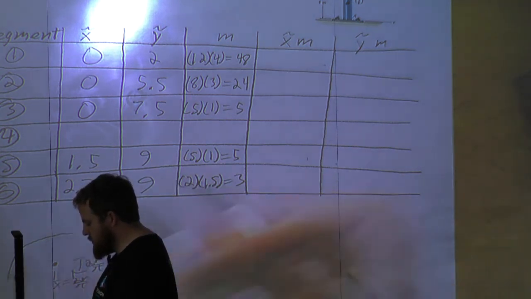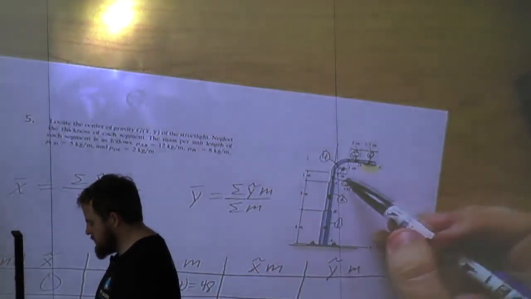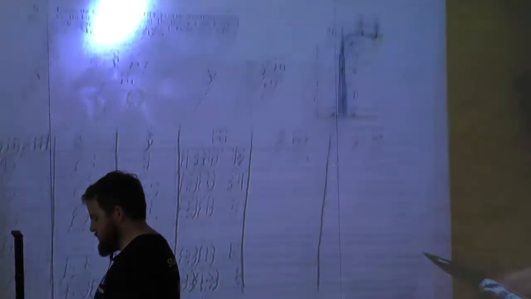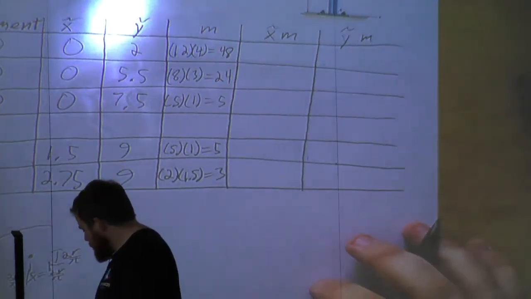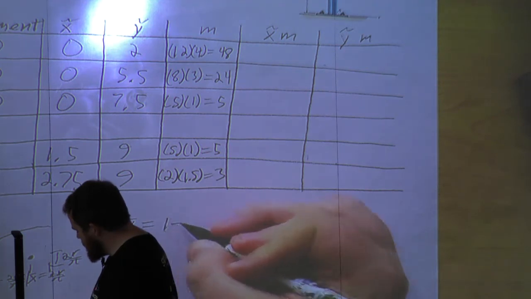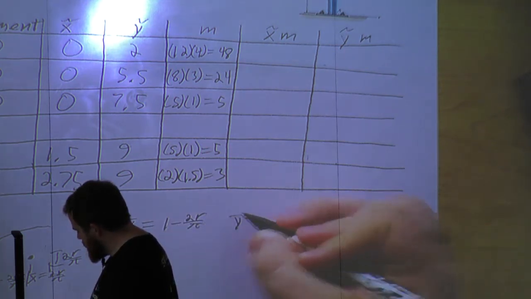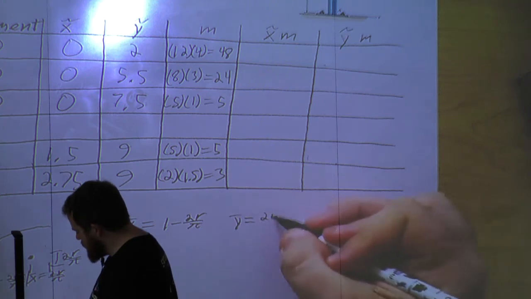So, since we're coming from this way, we need to find this distance to find the x. That would just be 1 minus 2r over pi, because they give us our distance of 1. Does that make sense? So our x bar is going to be 1 minus 2r over pi, and then our y bar is 2r over pi.